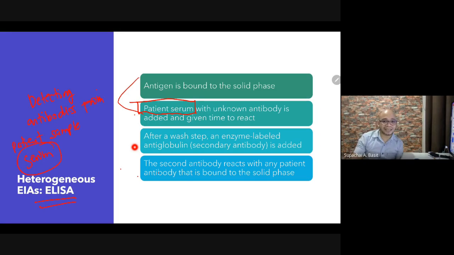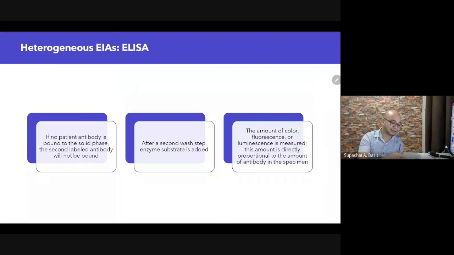After a wash step, an enzyme-labeled antiglobulin or immunoglobulin, the secondary antibody, is added. The second antibody reacts with any patient antibody that is bound to the solid phase.